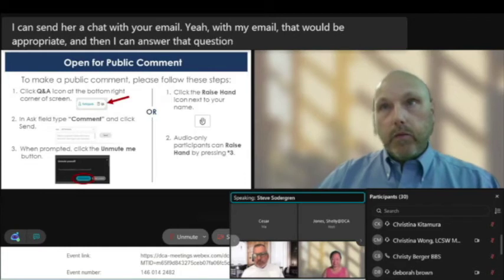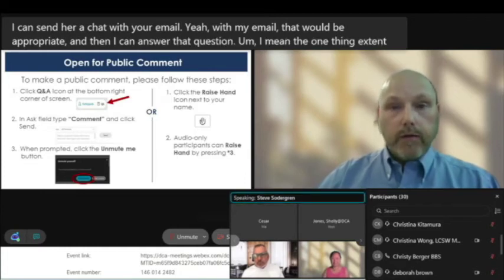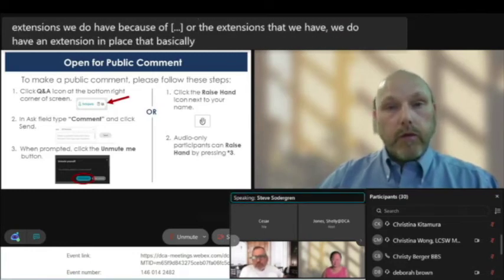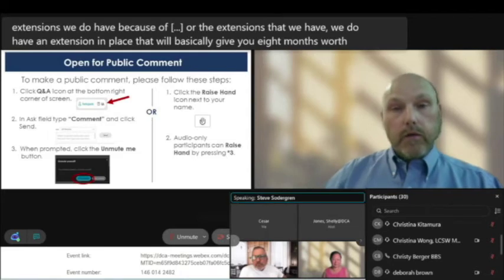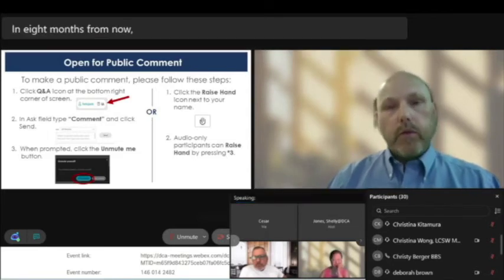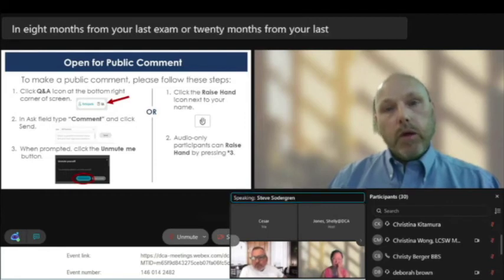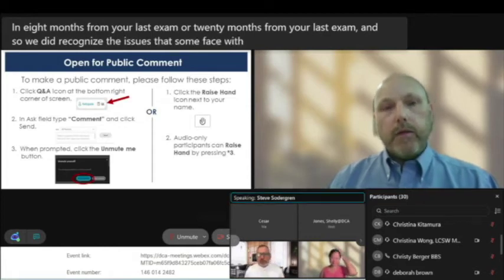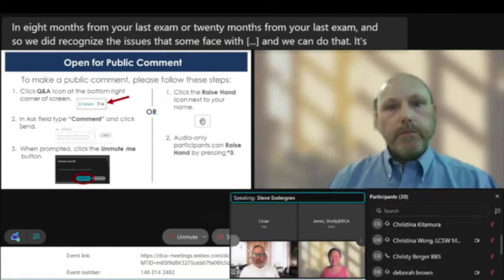One thing, because of COVID, we do have an extension in place that will extend your eligibility 8 months from your last exam, or 20 months from your last exam attempt. We did recognize the issues that some faced with COVID, so it's basically an 8-month extension.